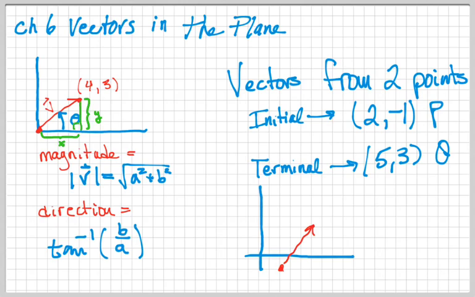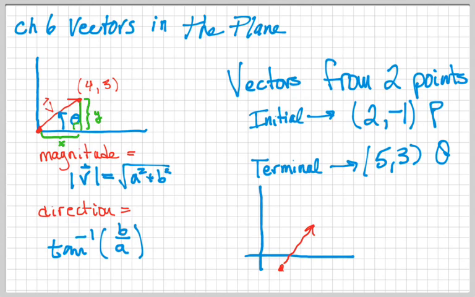Yeah, I did it backwards last period. Okay? So I have the vector. It starts at 0, 0, and it goes to the point 4, 3. What's the magnitude of this vector? It is 5, a 3, 4, 5 right triangle. Okay? So that's the vector.